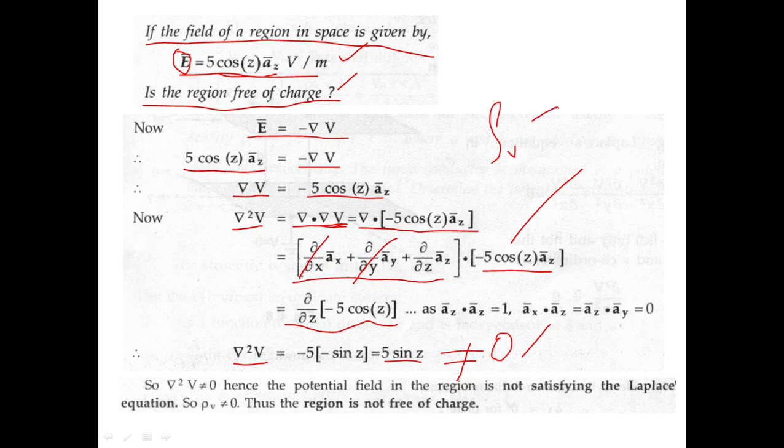If rho V is not equal to 0, it means that del square V is not equal to 0. Hence, it doesn't satisfy the Laplace equation, and the given region is not free of charge.